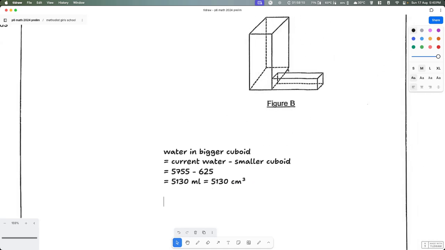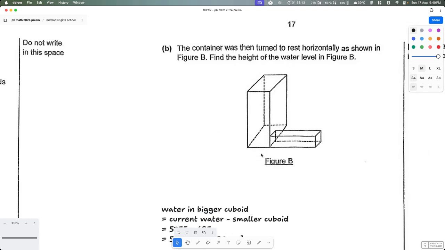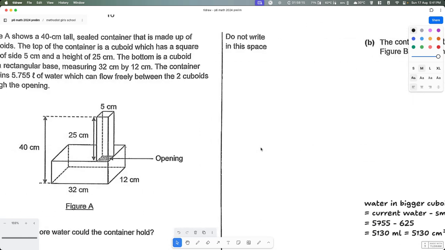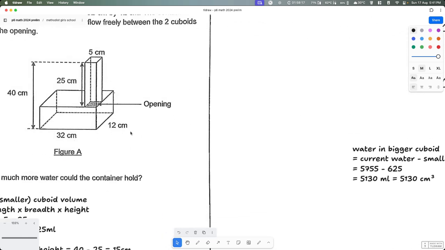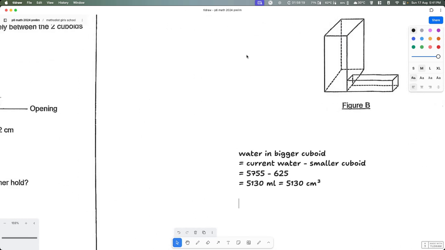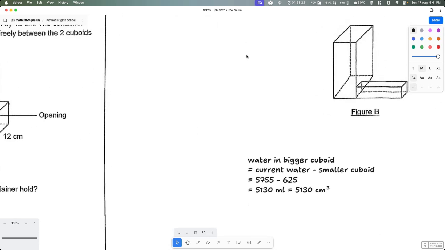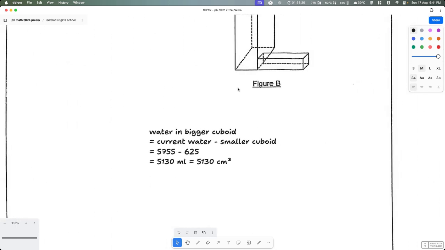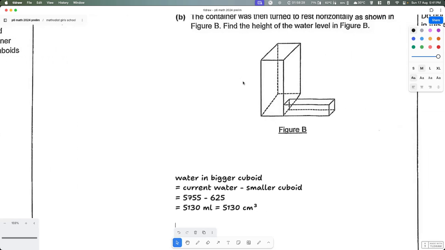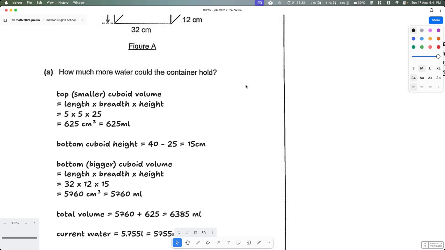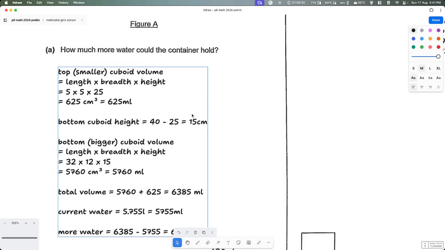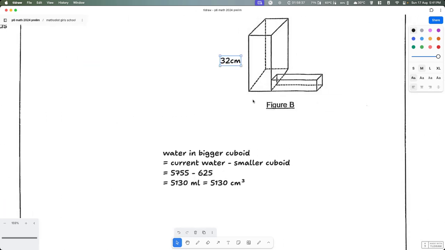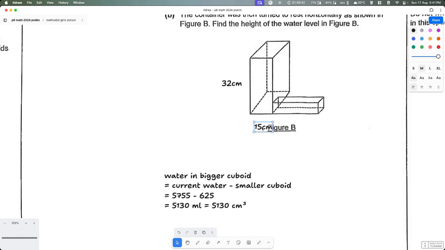Okay, so the next thing is we want to get the base over here. So we know 32 and 12 is the base. It has been flipped. So the sides over here are 12 and this is 32. So this is 32 cm. And then the height that we see, the bottom cuboid height, will be 15 cm, right? This one.